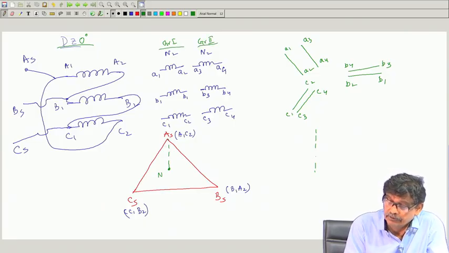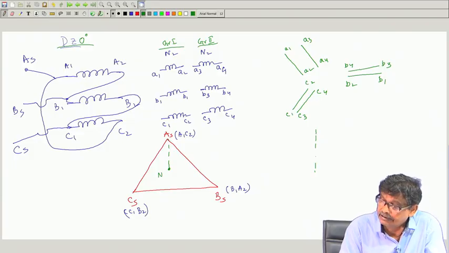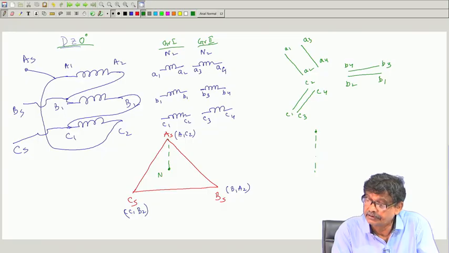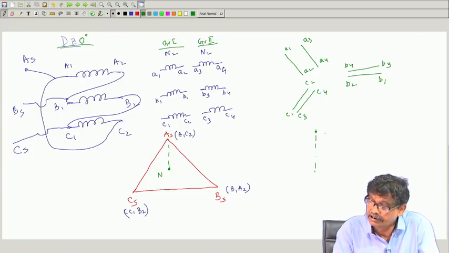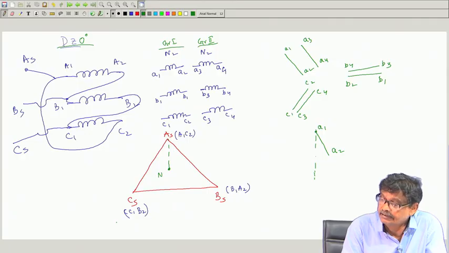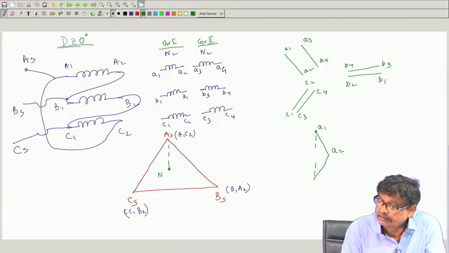I would like to have the secondary voltage with no phase displacement, so I will take A1 A2. Is this voltage available? Yes, A1 A2. Then I have to connect another voltage from the other group, which is available in C, and I will take C3 C4.